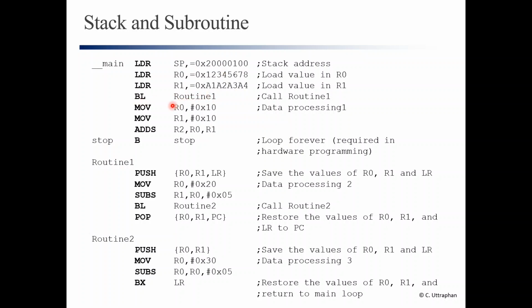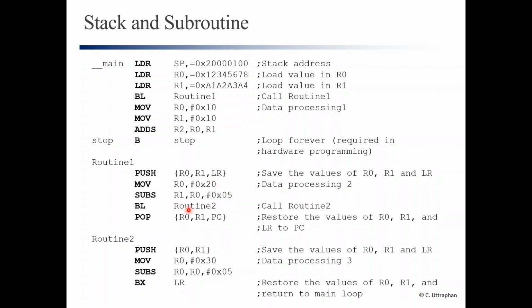In subroutine 1, observe that, other than saving the values of R0 and R1 in the stack, we also need to save the value of LR in the stack as well. The reason for this is to save the return address for routine 1, because if we don't do this, when we call another subroutine from routine 1, the return address for the second subroutine will replace the return address of routine 1. This definitely will crash your program.